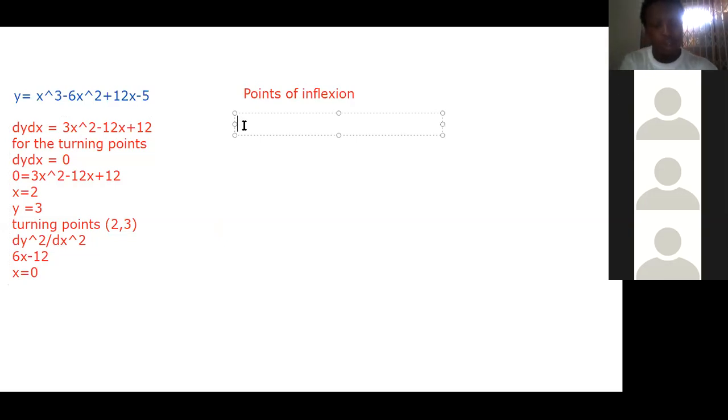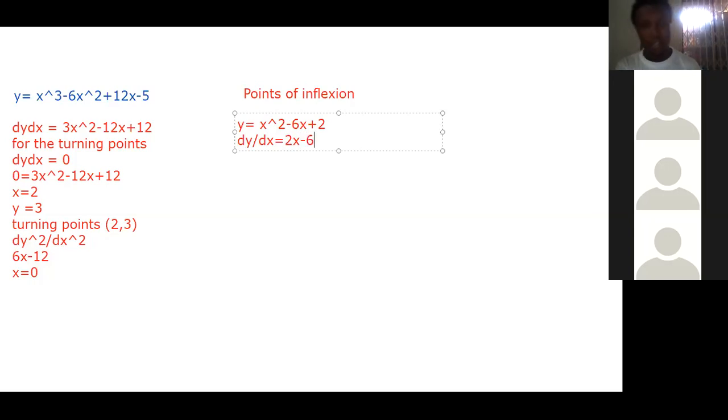So let's do it. y is equal to x squared minus 6x plus 2. So the first thing I'm going to do is find dy/dx. So dy/dx will be equal to, what are we getting? 2x minus 6, right?